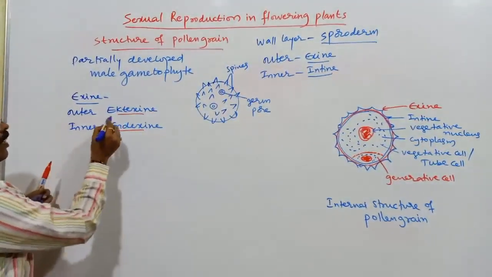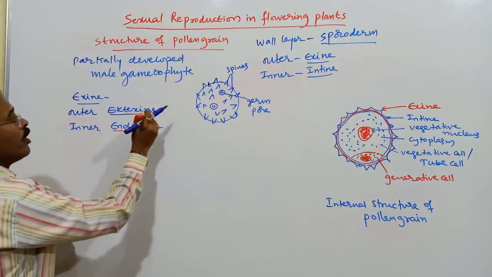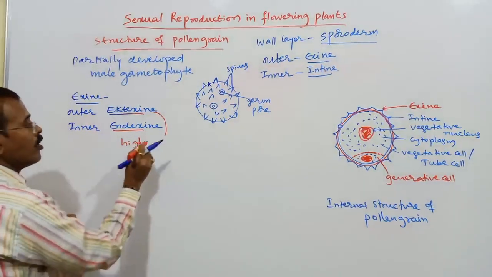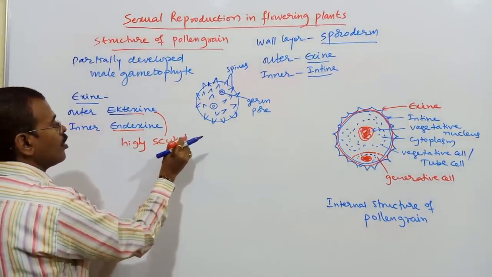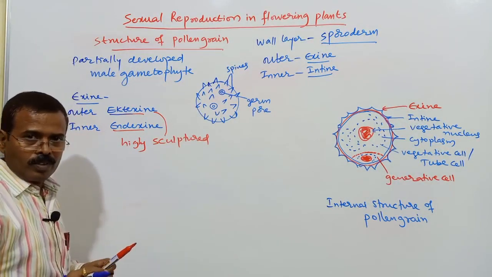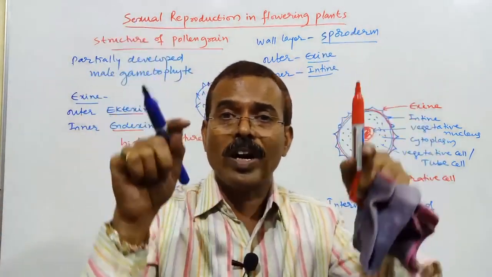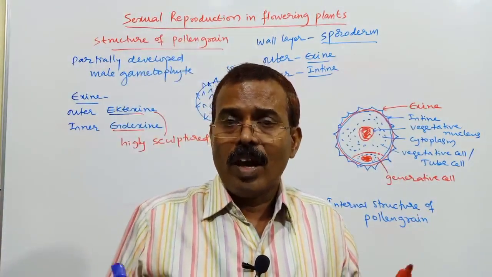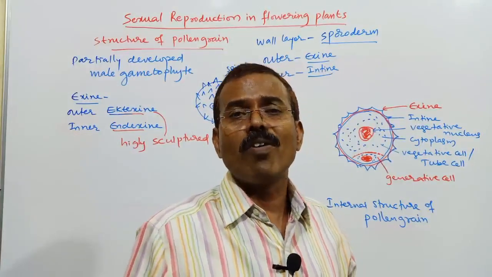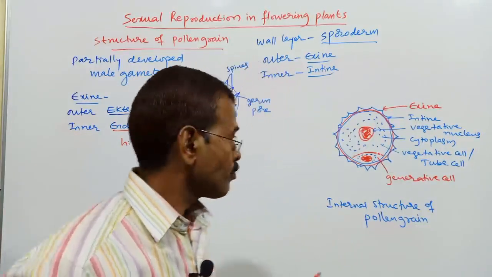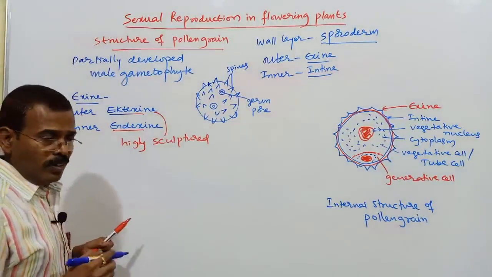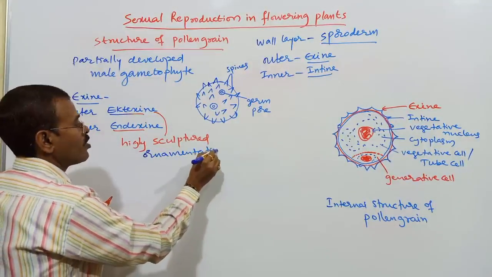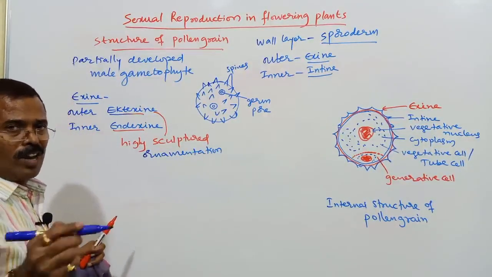So this ectexine is highly sculptured. I told you different ornamentation work, artistic designs or patterns are there on its surface. That is how we identify the pollen grains of different flower species. So it is highly sculptured, it has ornamentation work, different patterns or designs are present.